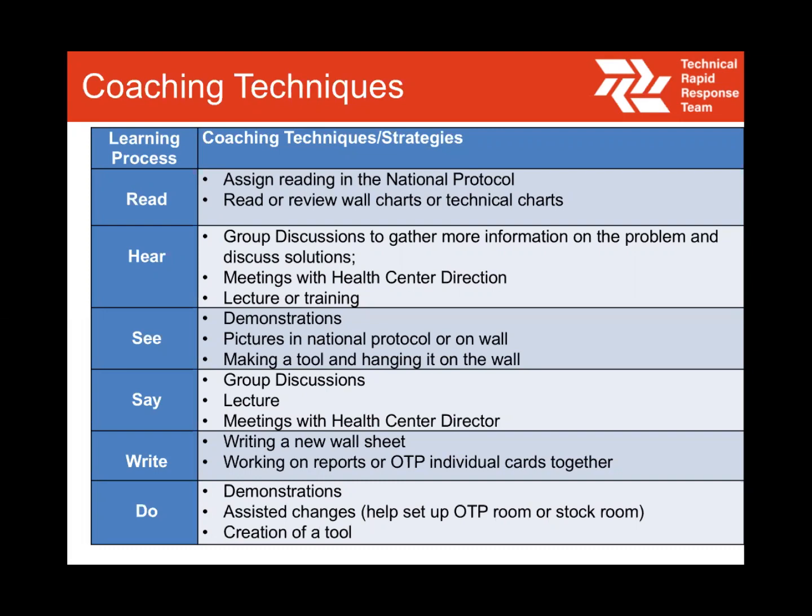For writing, you can have them write a new wall sheet, or you can work together on monthly reports or OTP, SFP or SC individual cards on how to fill those out and how to improve errors in those. And then for doing, obviously you can have demonstrations, you can have assisted changes like helping set up the OTP room or rearranging a stock room, or you can create a tool together to use.